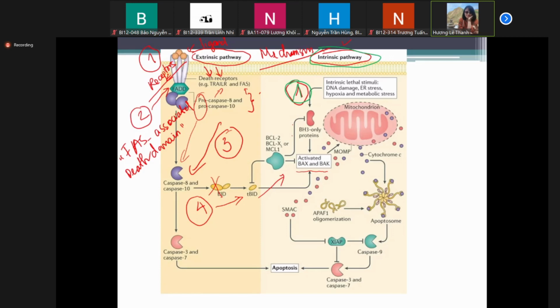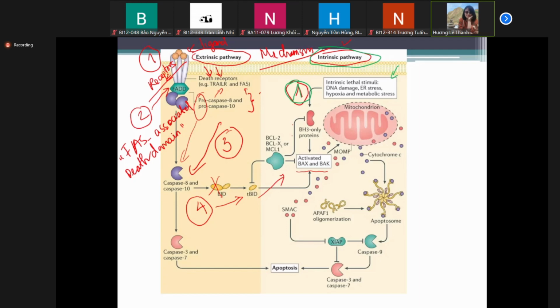The intrinsic pathway to apoptosis is triggered by stress or damage to the cells. It could be DNA damage, oxygen deprivation, or other stresses that impair the cell's ability to function. These are the reasons for apoptosis in the intrinsic pathway.